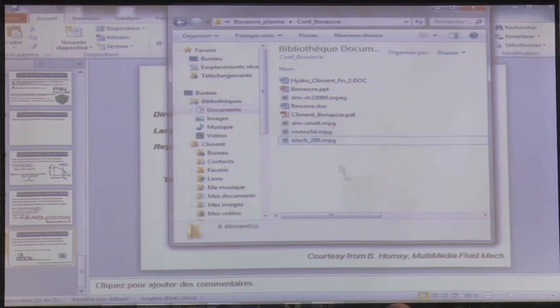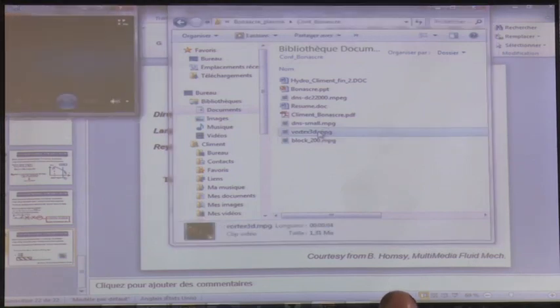So I'm going to show you some videos just to visualize the different techniques of simulations.